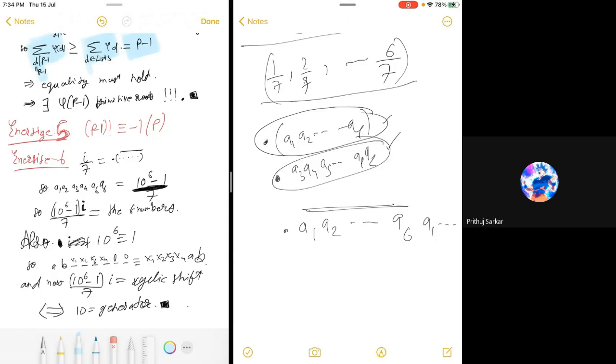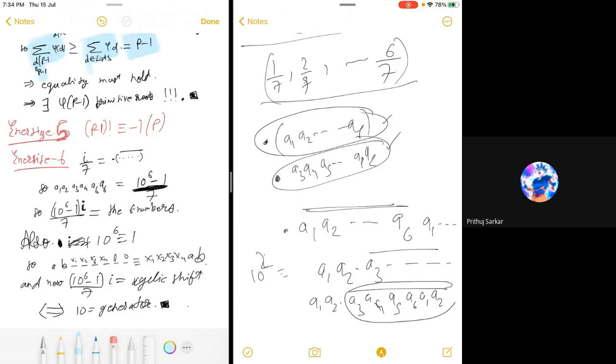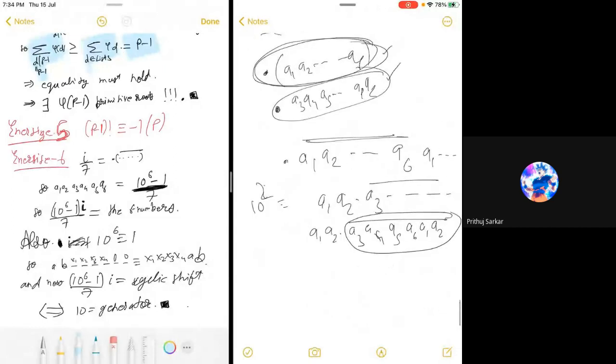If you multiply this by 10 to the power i, suppose 2, then this becomes a1 a2 point a3 a4 a5 a6 a1 a2 bar. So this is basically the cyclic shift of a1 a2 till a6. So basically the fractional part of this thing is the cyclic shift of this.